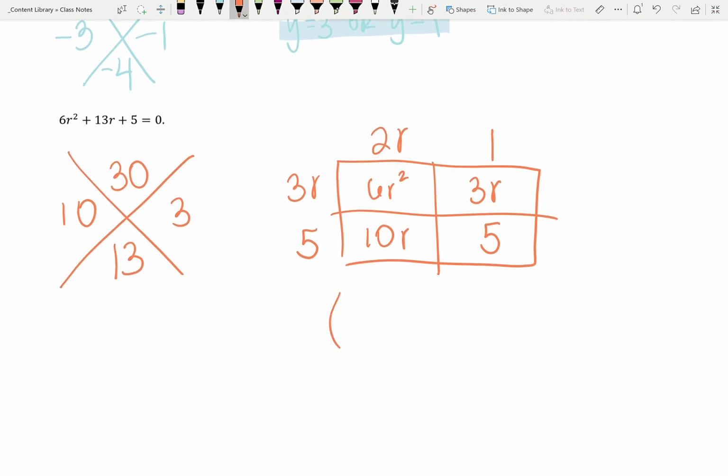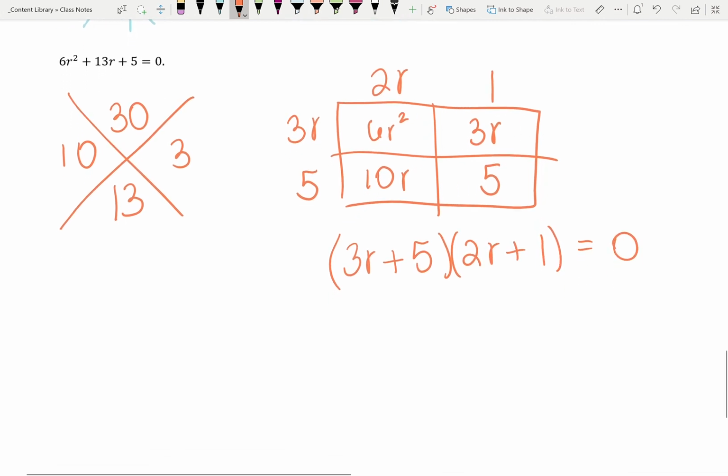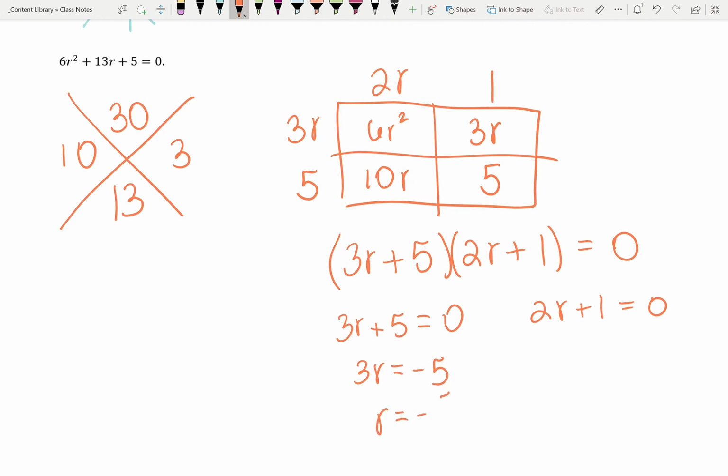And then we'll write our factored form and set it equal to 0 and find the two values of r. So these are both going to be fractions, but 3r plus 5 will equal 0, and 2r plus 1 will equal 0. So when we solve for r on both of these, we'll get r equals -5/3, or r equals -1/2. And those are your two values for r.